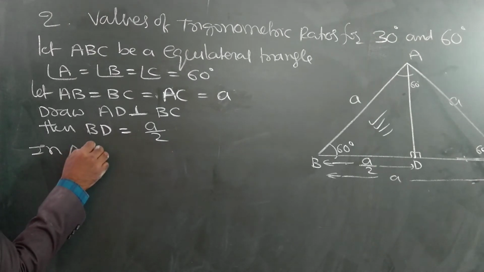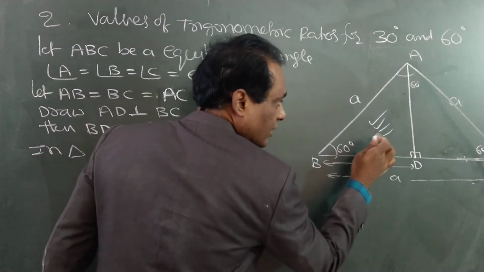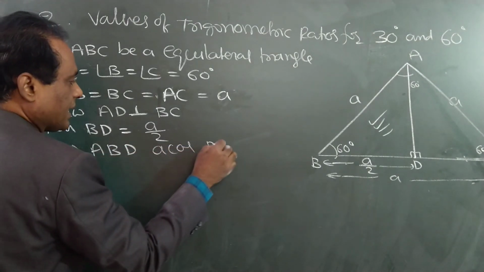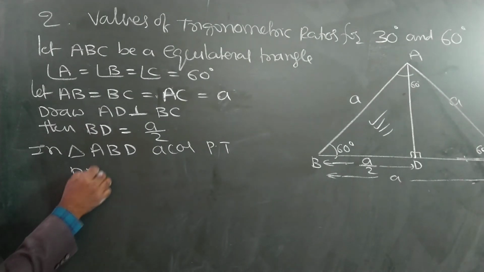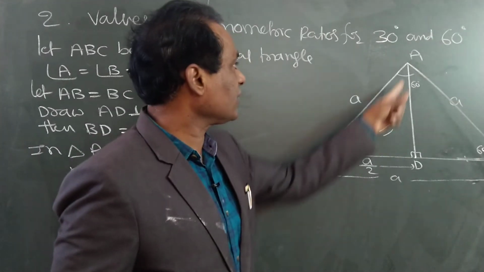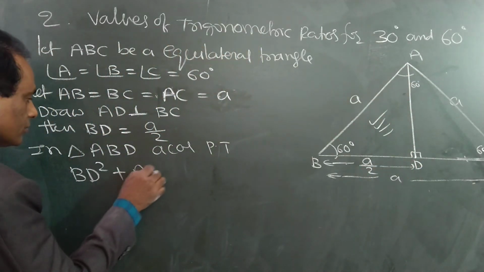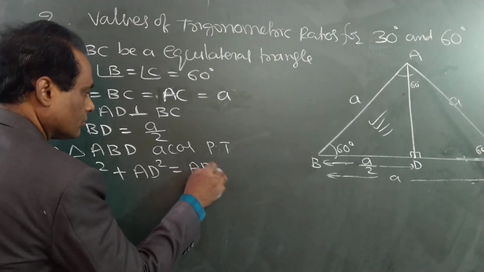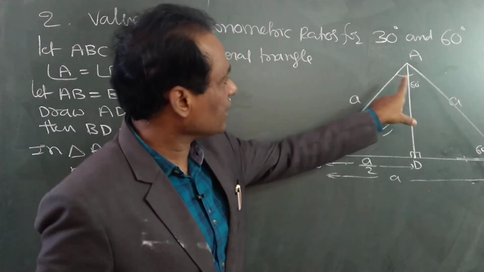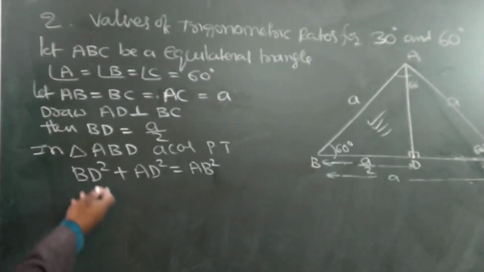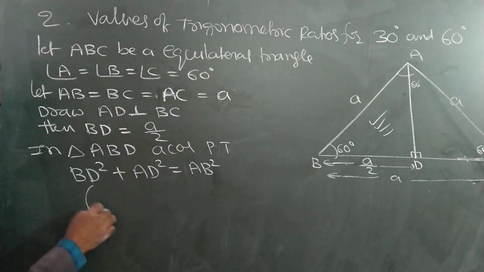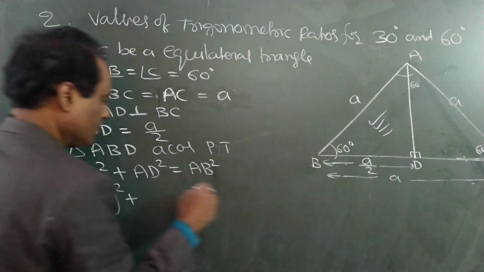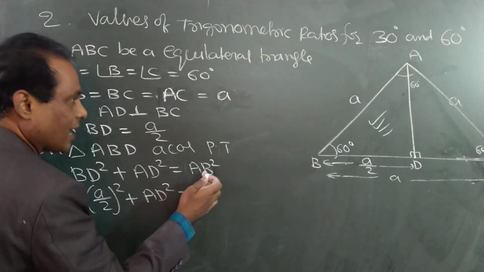In triangle ABD, the left side triangle, according to Pythagoras theorem, BD square plus AD square is equal to AB square. BD is A by 2, AD we don't know, AB is A.